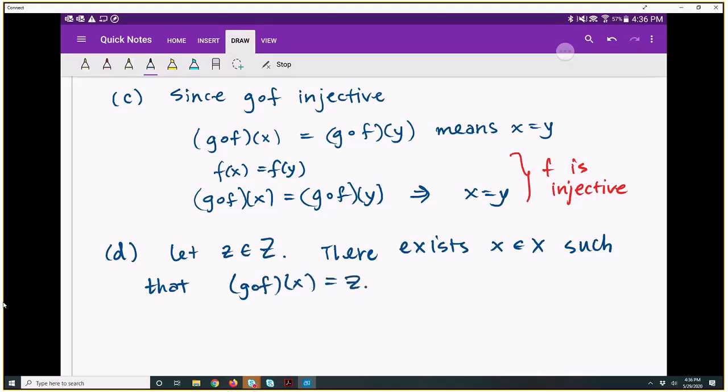So every little z in the codomain capital Z has some preimage in the domain X. And g composed f of x equals z is the same thing as g of f of x equals z. So let's let y equal this little f of x.